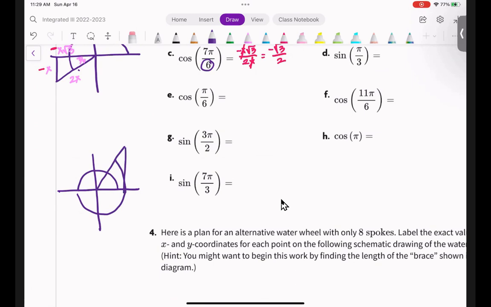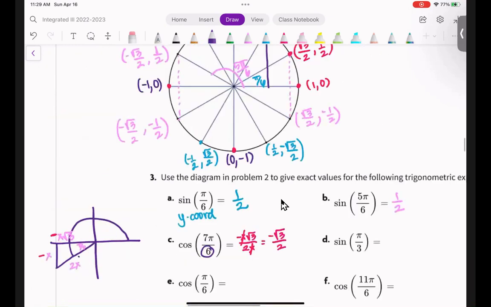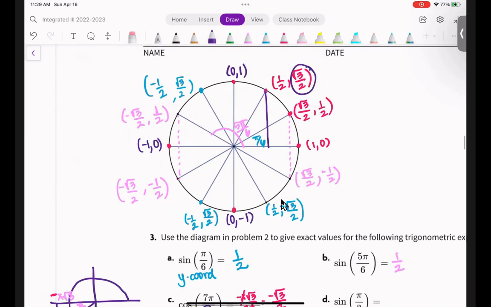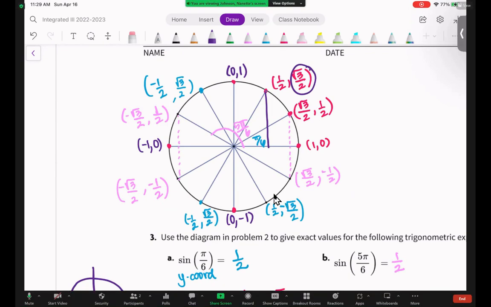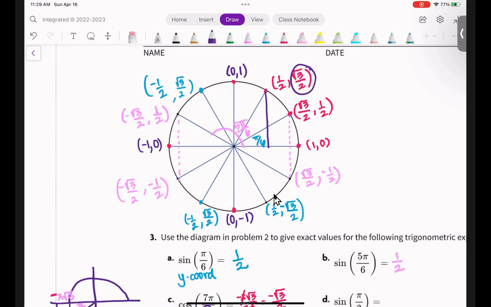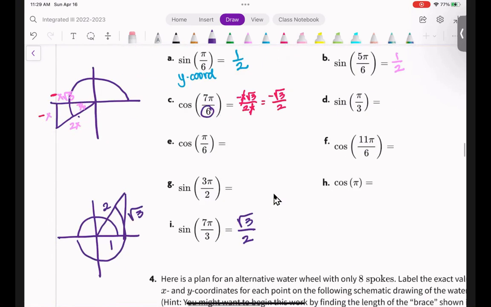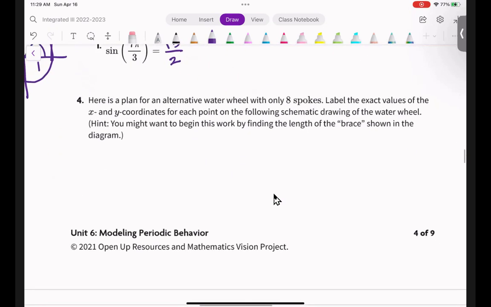And so that's what my triangle is going to look like. And then I would label it. I get the same exact answer. So this is 1, 2, and this is root 3. Sine of that is going to be root 3 over 2, which is exactly what you guys got over here. Okay, same thing. So which way do you like better? I would practice both, especially those of you who don't know your 30, 60, 90s. It's really good to make sure you memorize those or use those.